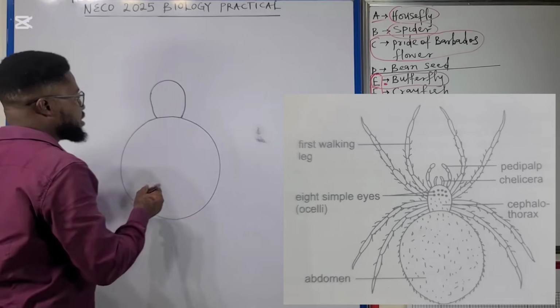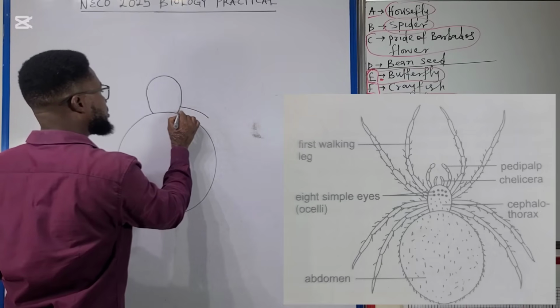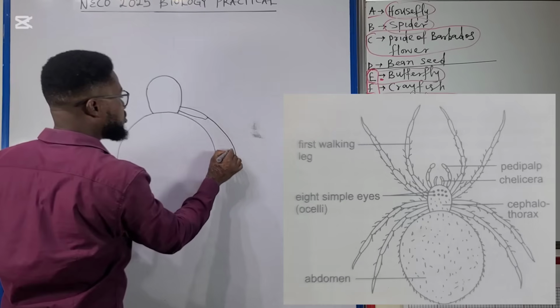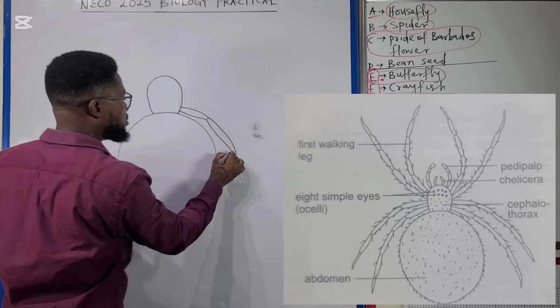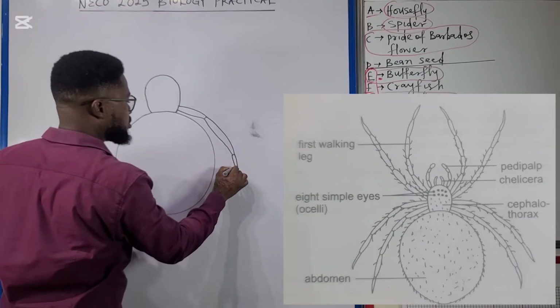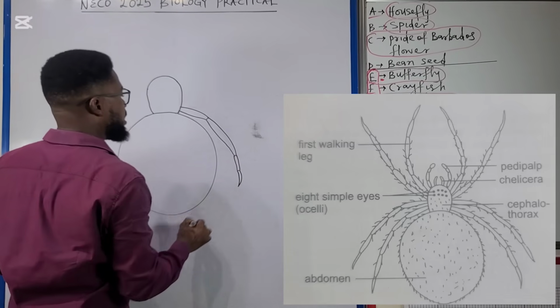Next up are the walking legs. The first one should look somewhat like this, and then a longer one, and then a short one, and then of course the pointed end.